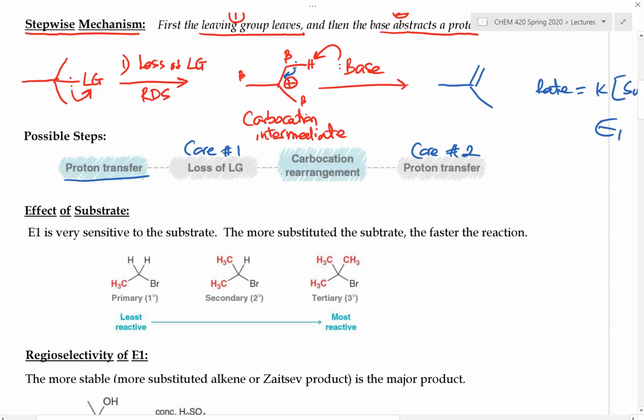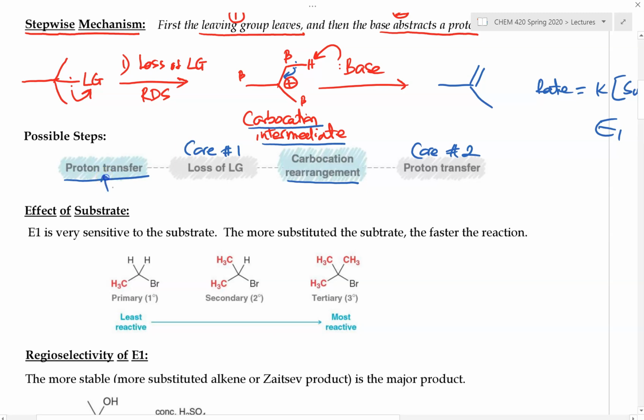Another possible step would be the carbocation rearrangement, because in the course of this reaction we do generate a carbocation intermediate. And if this carbocation is not stable, it can be rearranged to produce a more stable carbocation.